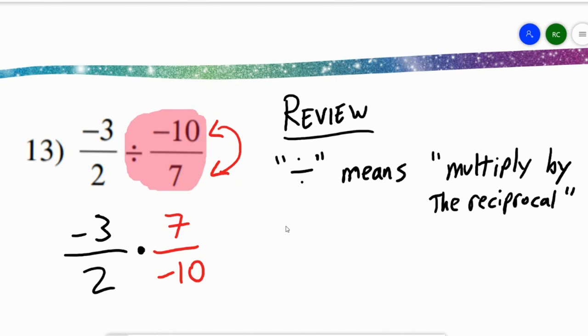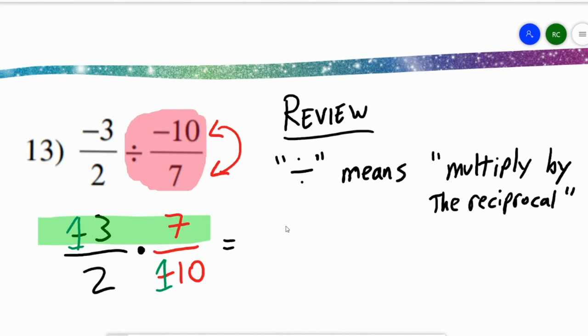Let's see. I've got a negative on top, a negative on the bottom. Negative 1 divided by negative 1 is just 1, so I can essentially cancel out those negatives. I don't really see anything else that I can divide out.